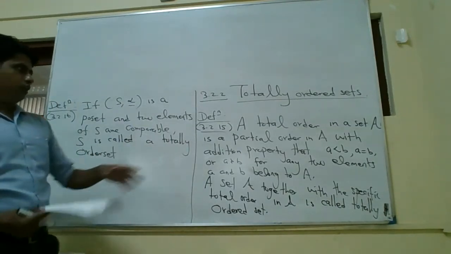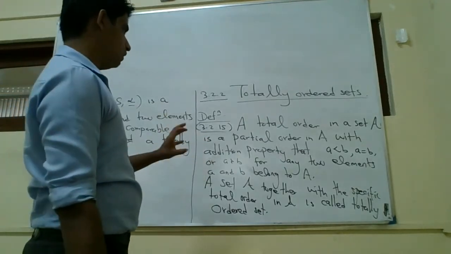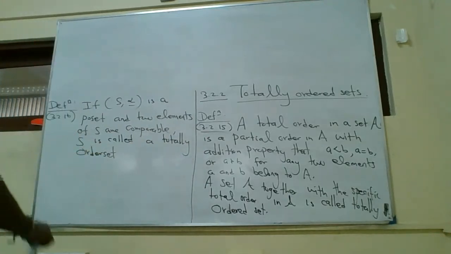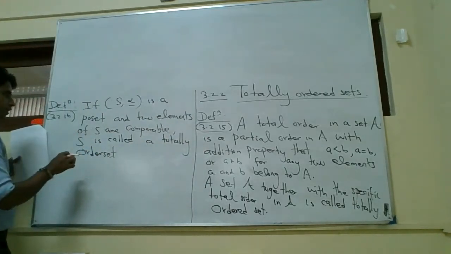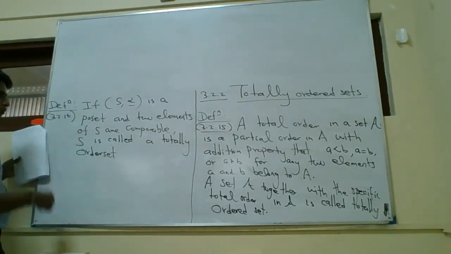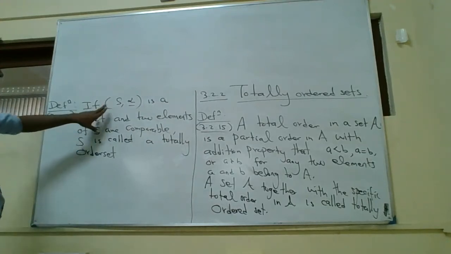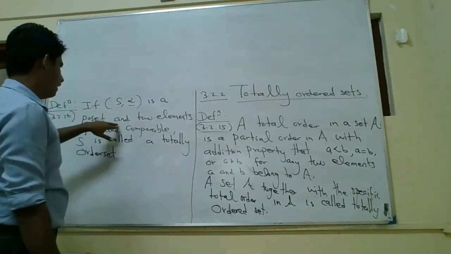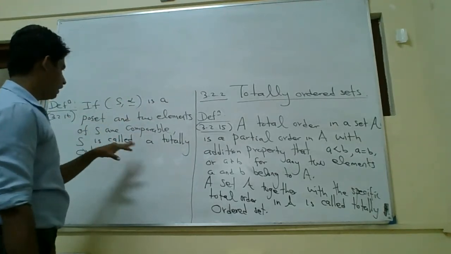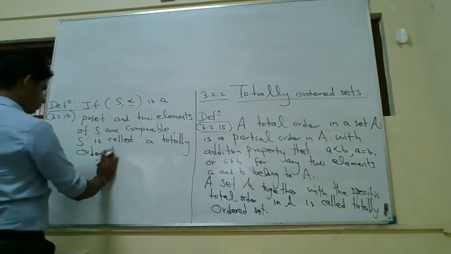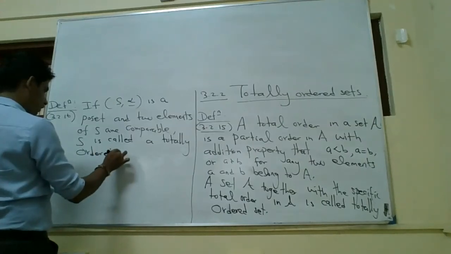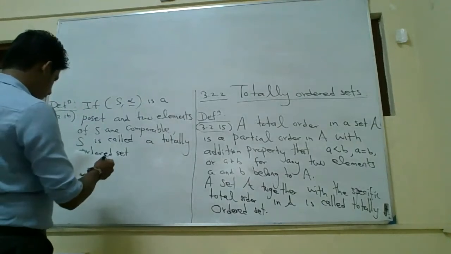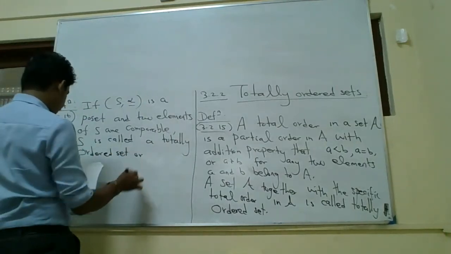In this definition, we define the totally ordered set. Then we define another name, chain. Chain and totally ordered set have the same meaning. Here (S, ≼) is a partially ordered set, and any two elements are comparable. Then this is called a totally ordered set or linearly ordered set.